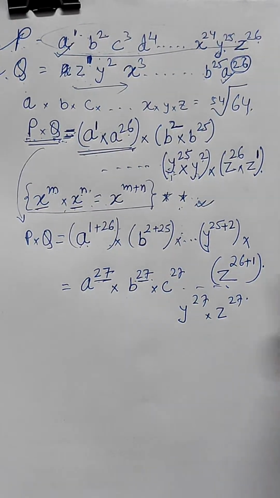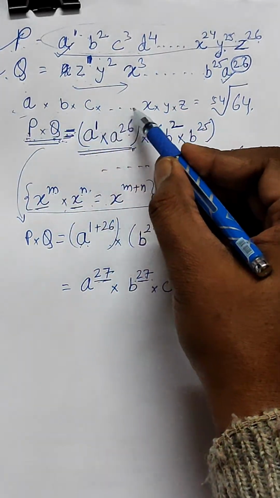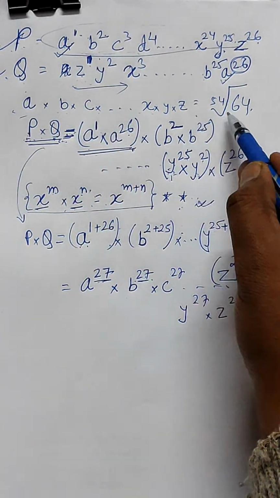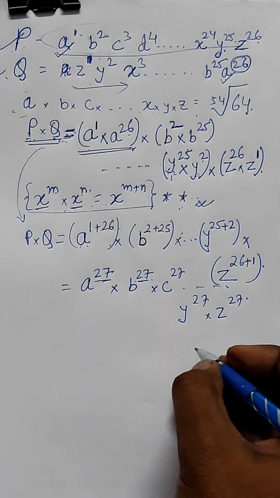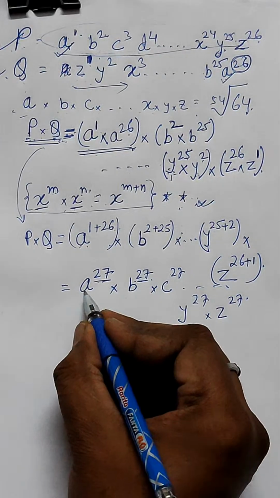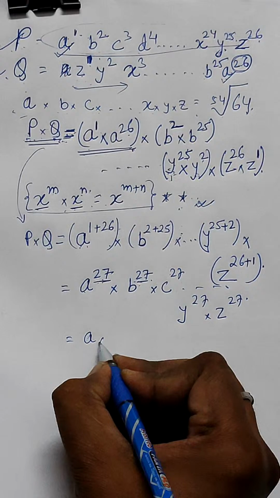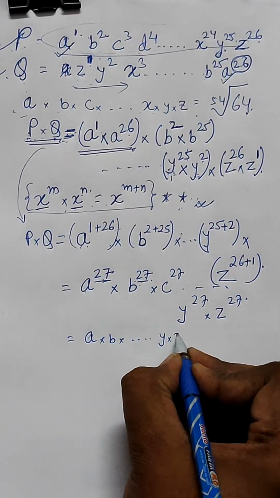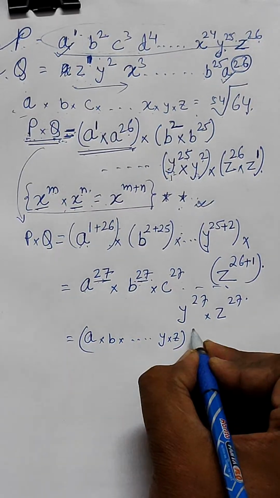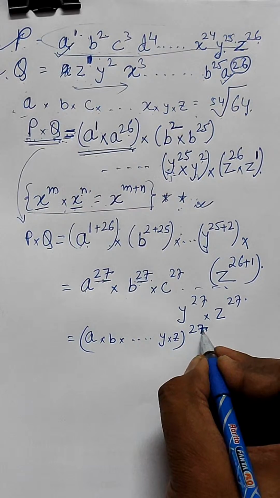Now the third part given in your question is that the product of all these alphabets a, b, c is the 54th root of 64, right? So do one thing, if all powers are 27, then we can write it as a cross b cross c cross dot dot dot till y and z in the common braces, and the power of 27 is over the bracket, right?